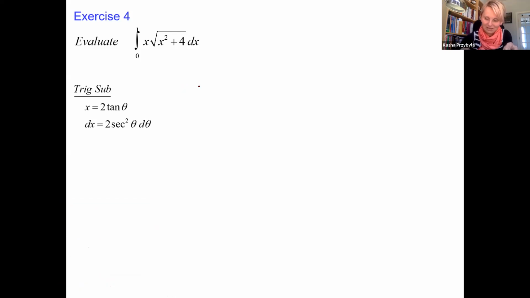Let's just try the U substitution, which means we will let u be the quantity inside, and du is the derivative of this, and 1/2 du is x dx.